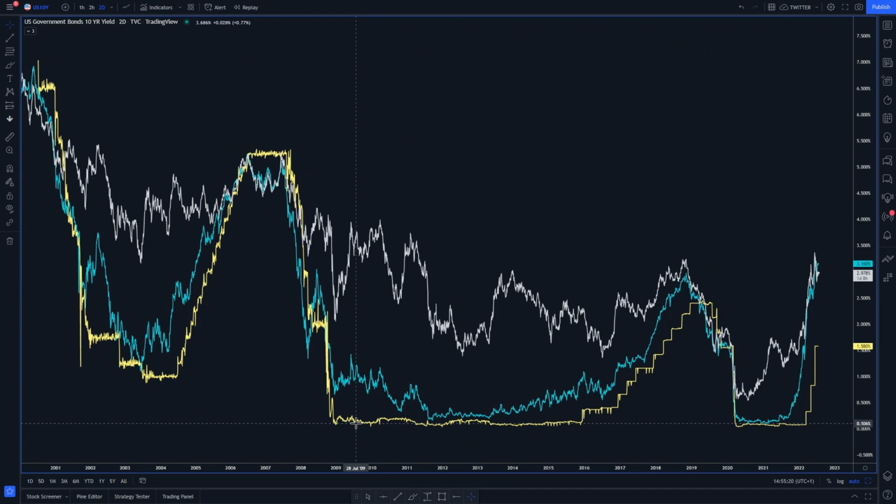So if they want to cut rates down to zero and they still need to stimulate the economy, they basically flush the system with liquidity, excess amounts of cash, buying up all of those bonds, the 5s, the 10s, the 7s, etc. That increases the price and it pushes down the yields. When the yields go down, it pushes down the borrowing cost, that medium-term borrowing cost. So they can influence it, but they don't control any of these yields themselves.